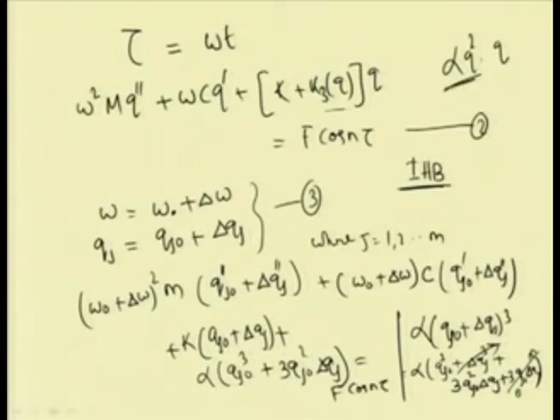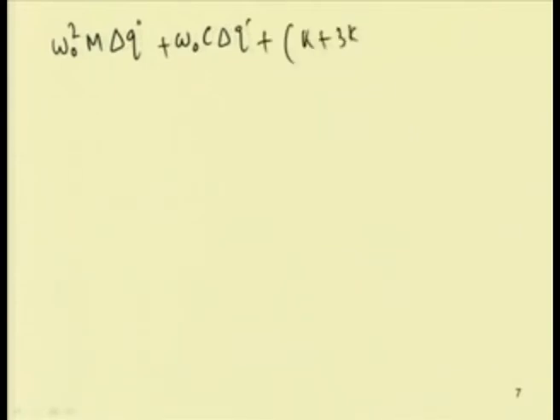The remaining terms, by neglecting the higher order increments, can be written in this form: omega 0 square m delta q double dash plus omega 0 c into delta q dash plus k plus 3 k 3 into delta q.